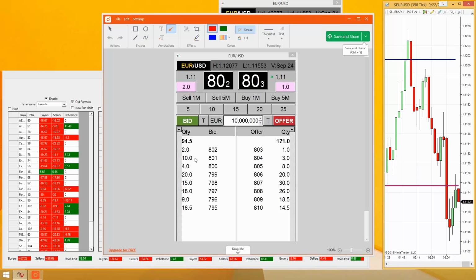Let's say 10 million is big enough to move the market, or 20 million is big enough. So they show you the 10 or 20 million, making you think that the price is going to go up, and you keep on buying. Meanwhile, their intention is to go short.